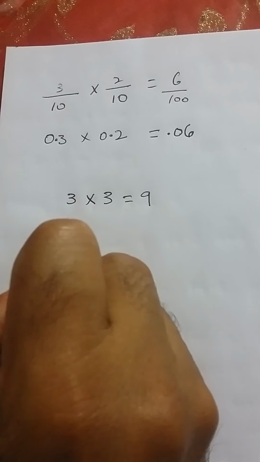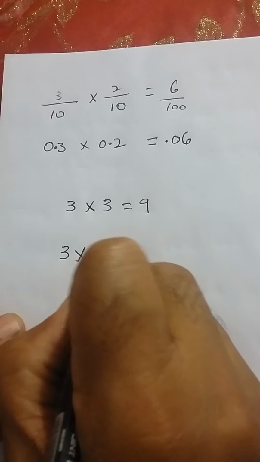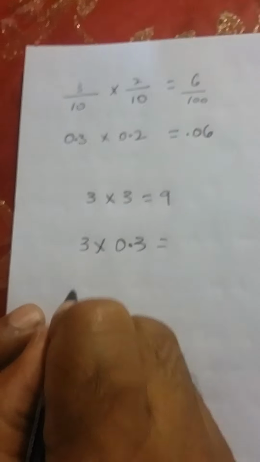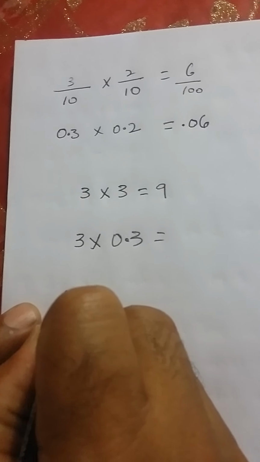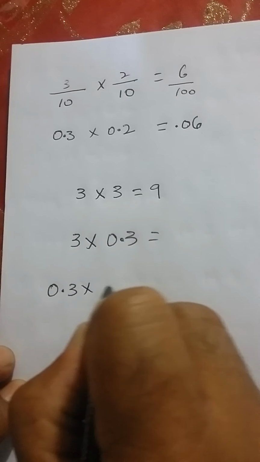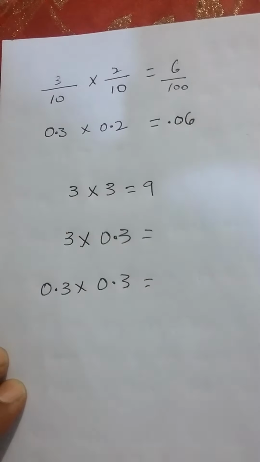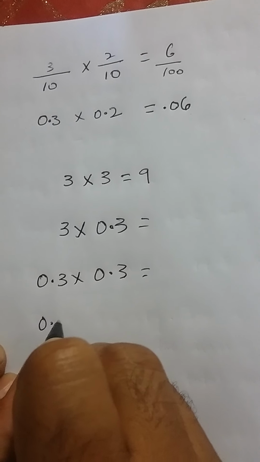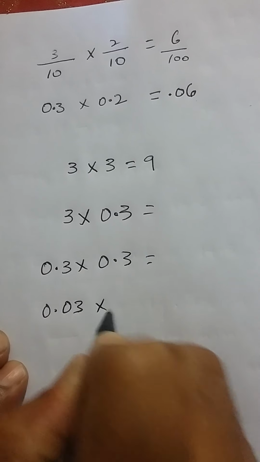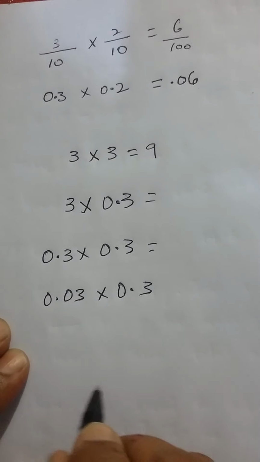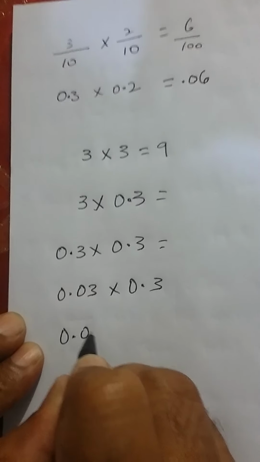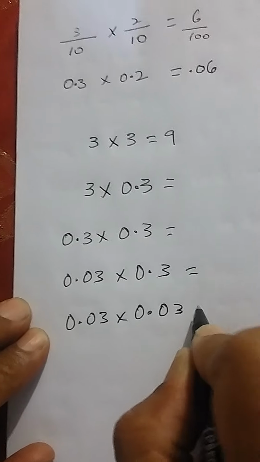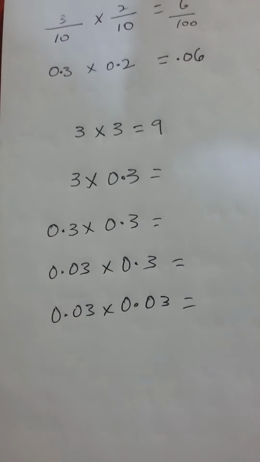Look at this one, 3 times 0.3. Suppose we had 0.3 times 0.3. Or suppose we had 0.03 times 0.3, or 0.03 times 0.03. Let's look at these questions and see what our solutions are.